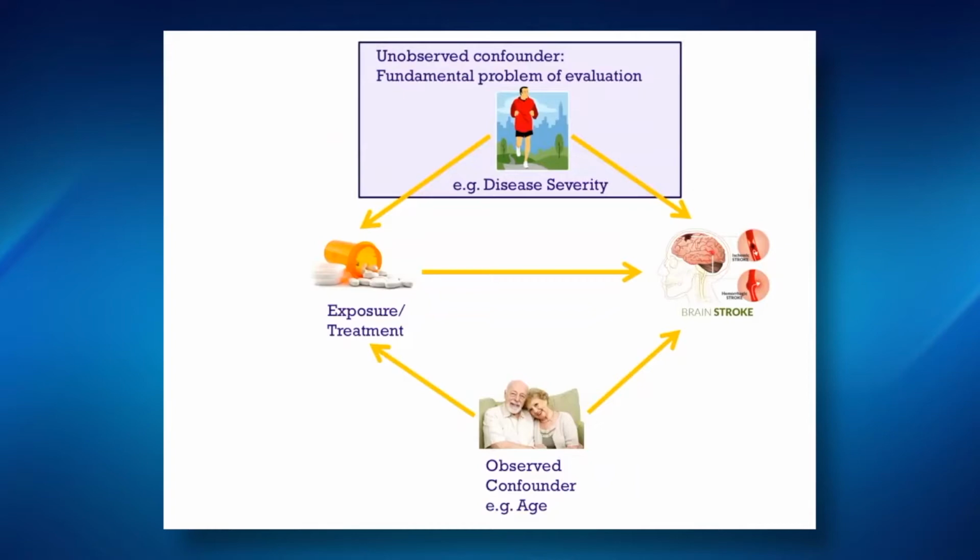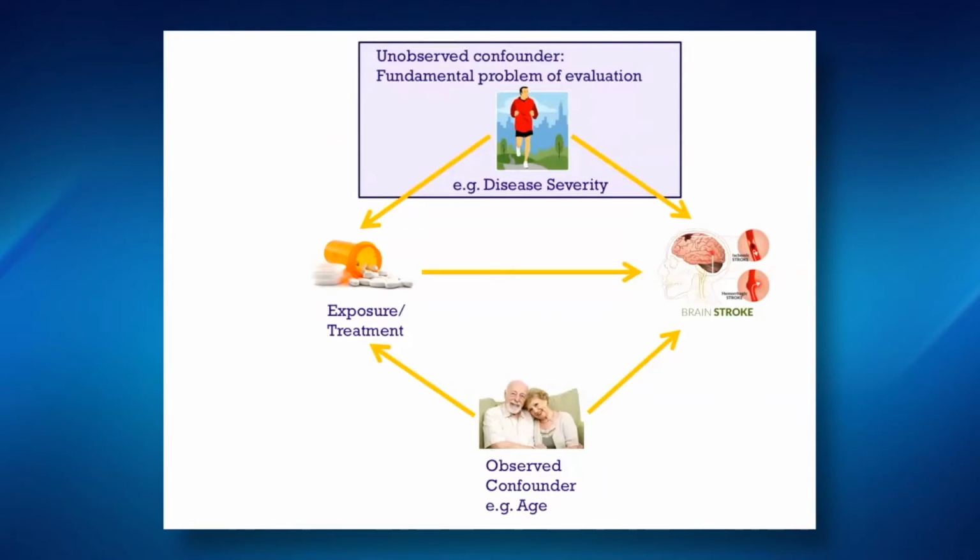Similarly, you can have disease severity affecting both of them. The fundamental problem of evaluation is that we don't observe all the confounders. If we had observed all the confounders, we could have controlled for that using regular statistical methods. Right? And because we do not observe them, this association that we see in the data, even after controlling for these factors, is spurious because it's driven by some of these confounders.